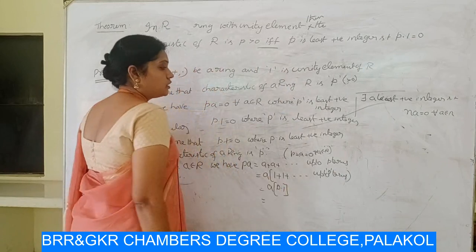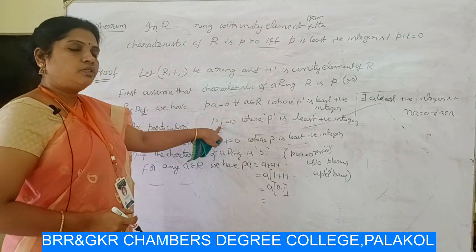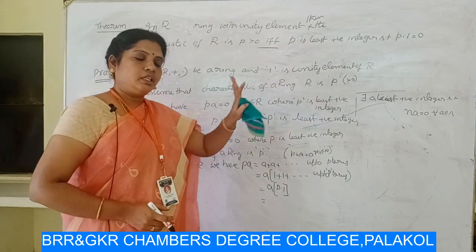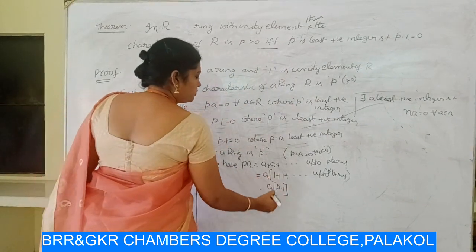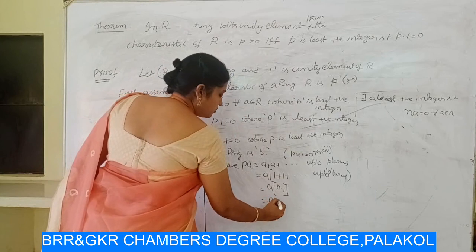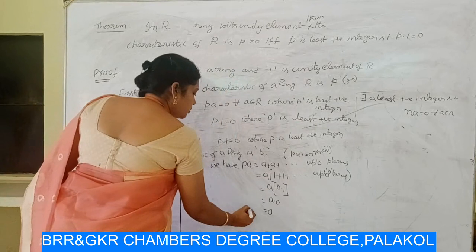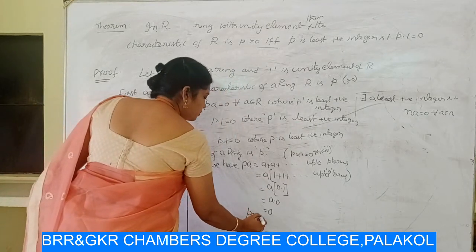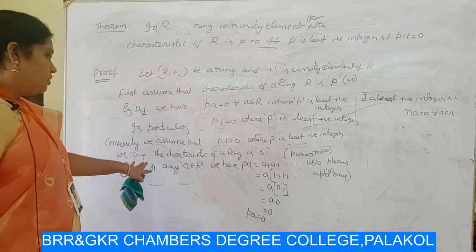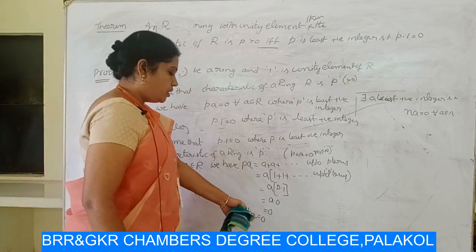In our hypothesis, P into 1 is equal to 0 where P is the least positive integer. Therefore, a into 0 is equal to 0. Then here we get Pa is equal to 0. So for any a belongs to R, we have Pa is equal to 0.